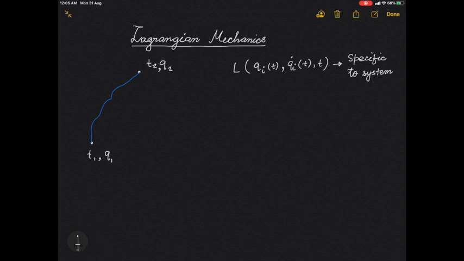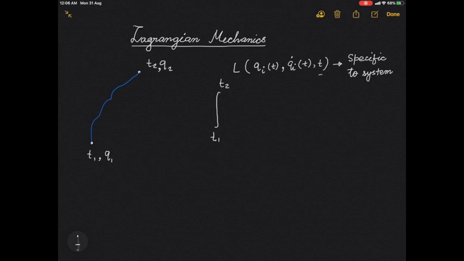Now what do I do? What I do is the following. I calculate this. Now before I write that, let me again tell you what this function is. L is a function of three things.